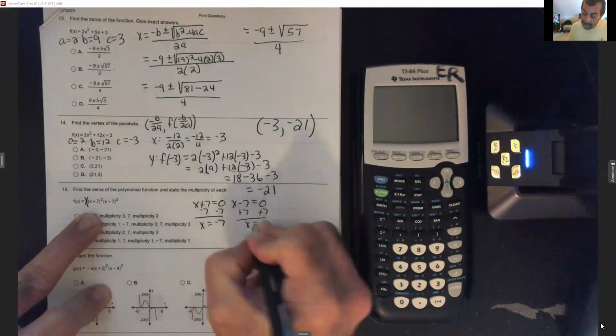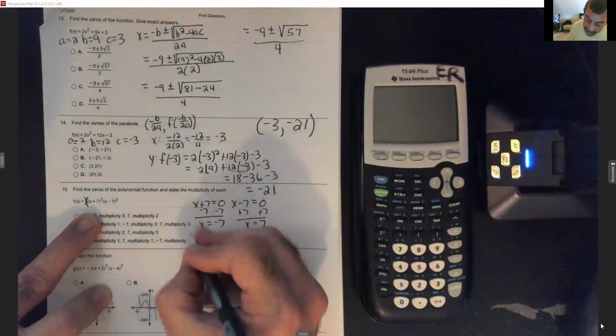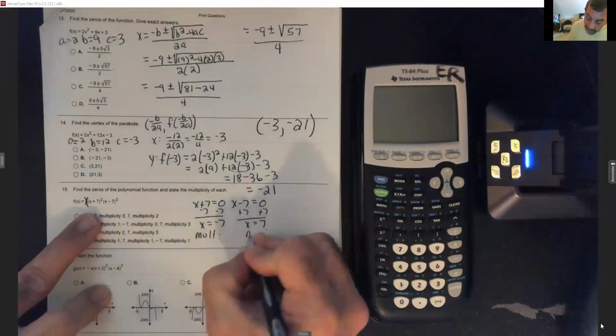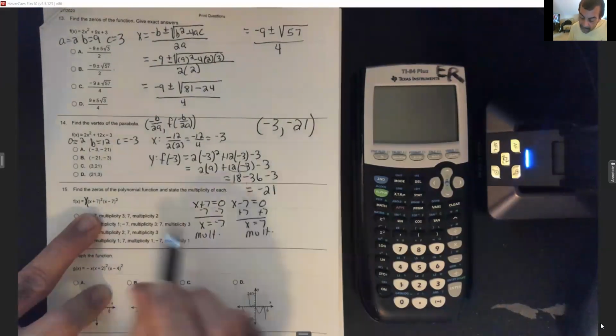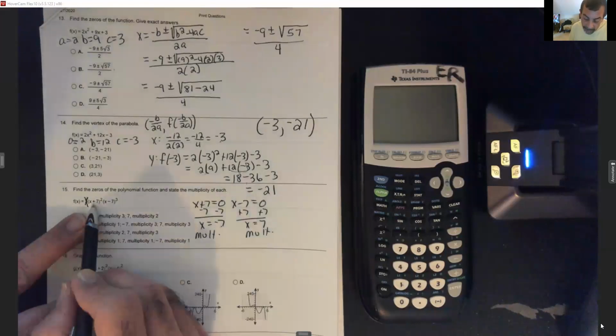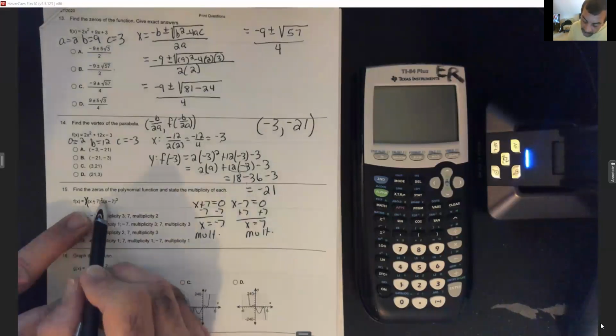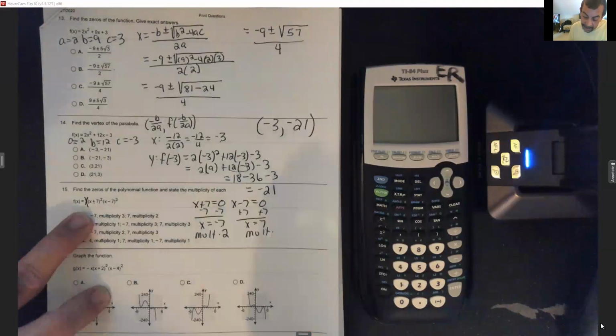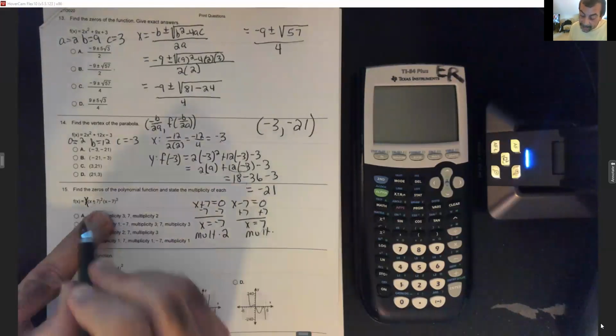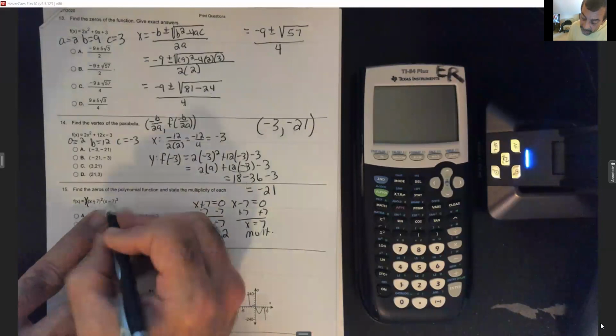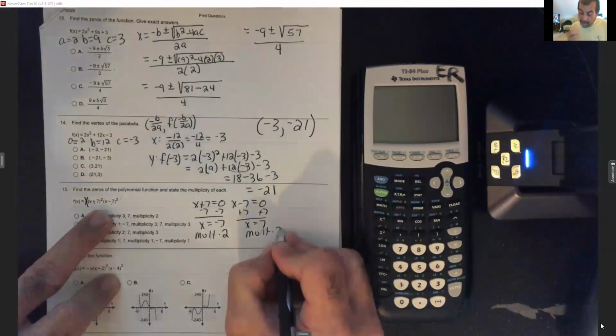So the zeros are negative 7 and 7. The multiplicities are the exponents. So since this negative 7 came from the factor x plus 7, its multiplicity would be 2, because that's its exponent. And since the 7 came from the x minus 7 factor, its multiplicity would be 3.